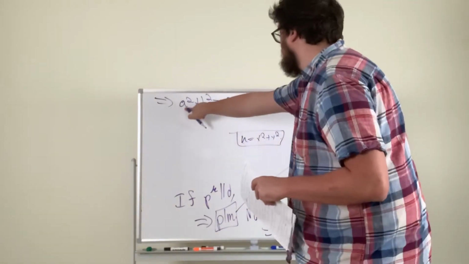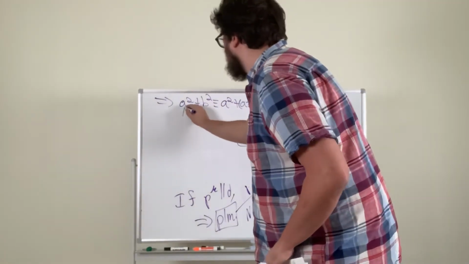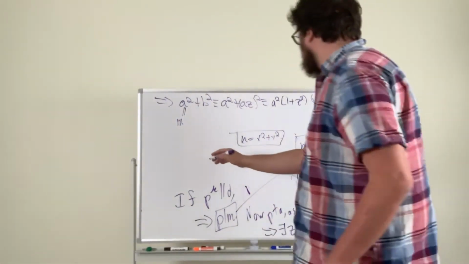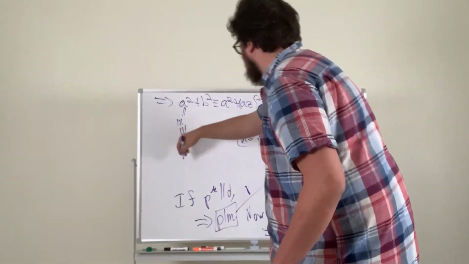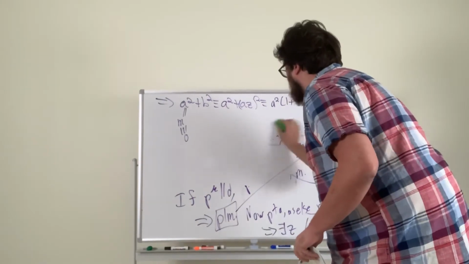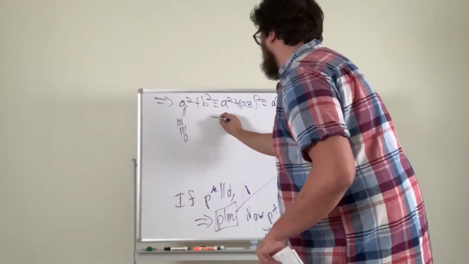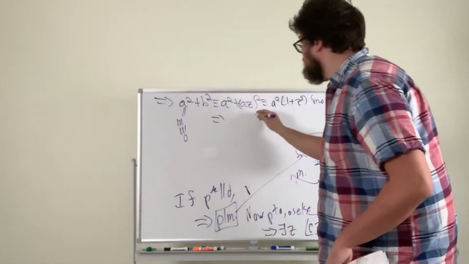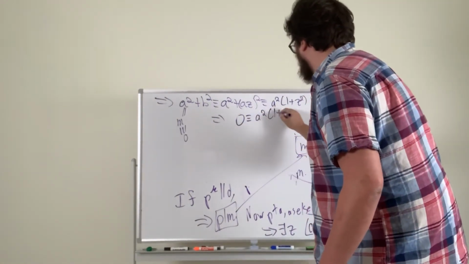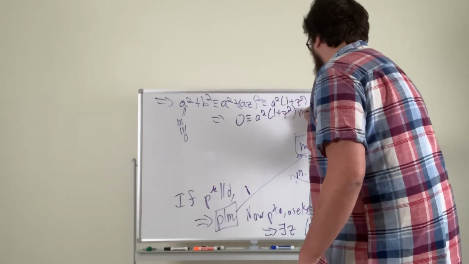Because this is a squared plus b squared, that's equal to m. m is a multiple of p. So this is all congruent to 0 in the same chain of equations. Therefore, I can erase this now. Let me just write the first and last terms one more time: 0 is congruent to a squared times 1 plus z squared mod p.